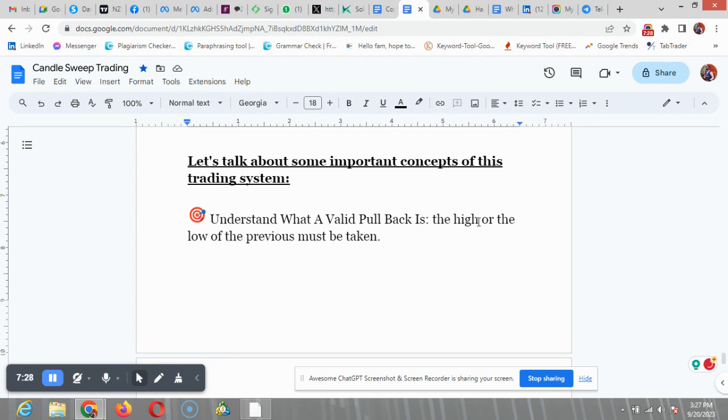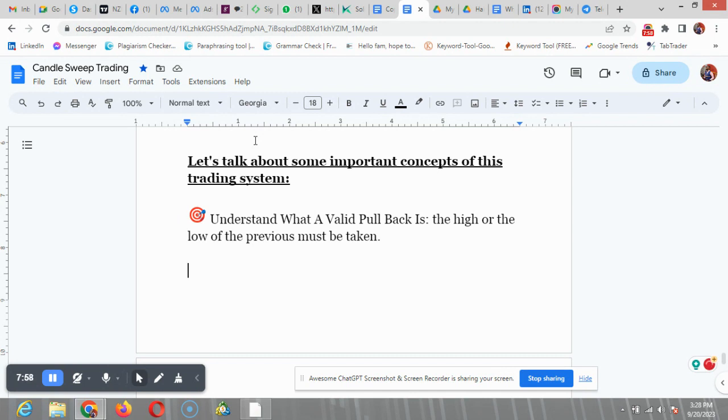Now, by saying the high, we refer to a bearish situation, and by saying the low, we refer to a bullish situation. Let me take that again. For there to be a valid pullback, please write this down: the high or the low of the previous candle must be taken.